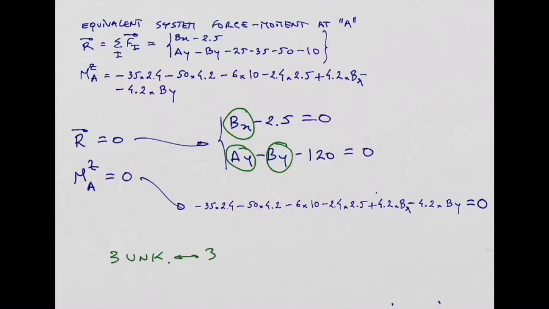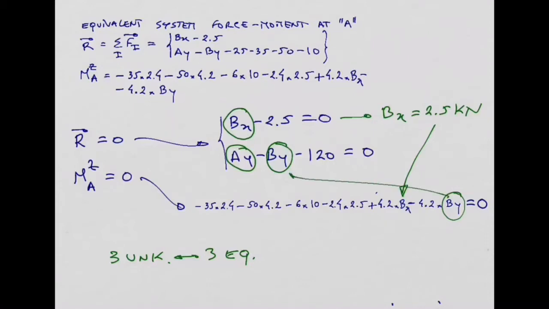If we just solve this system of equations, we get the answer. For example, from this one, you get immediately Bx needs to be equal to 2.5 kilonewtons. Then you replace these 2.5 kilonewtons here in Bx, and you can solve for By. And once you get By, you replace By here, and you can solve for Ay.